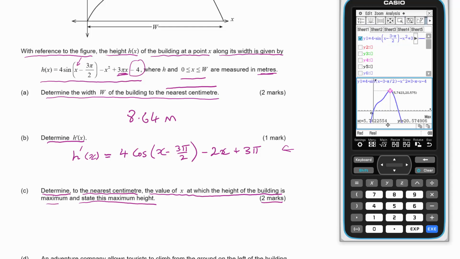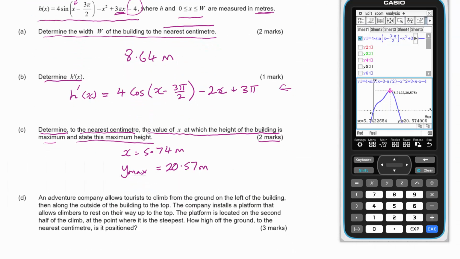And we can see that x is 5.74 meters, and the y max, or the maximum height, is 20.57 meters.